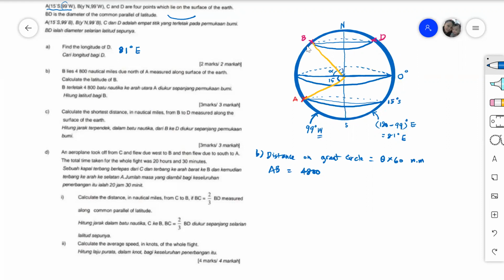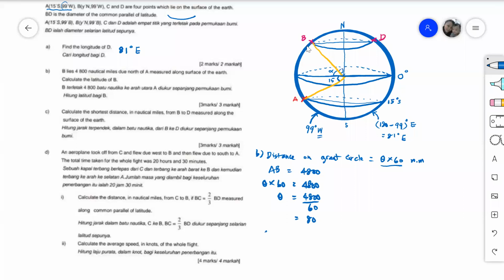Now for AB, we want to find the distance using this formula, theta times 60. So theta times 60 equals 4,800. Therefore, theta, the angle between A and B, will be 4,800 divided by 60. So we have 80 degrees.